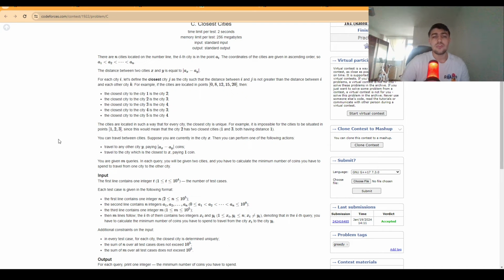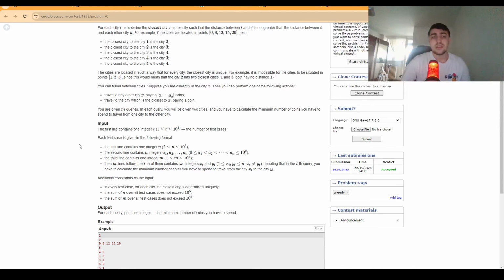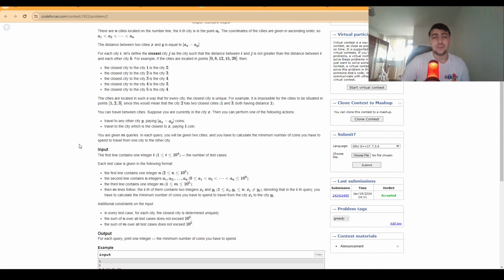So we now want to process distance queries. Normally, this would be a prefix sum problem, but we need to deal with the closest city part. And actually, it turns out that given that there are no changes, we can easily treat the closest city parts by just having some if statements that exist together with the prefix sum construction.